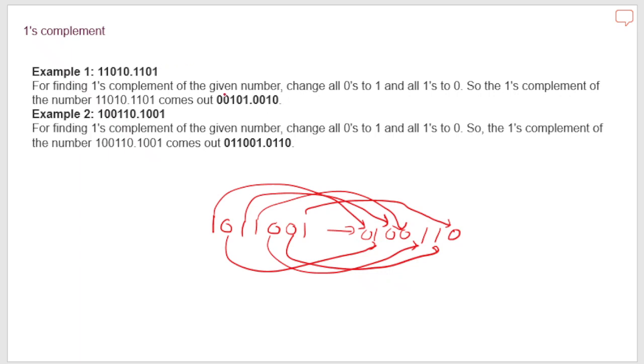So here 0 0 1 0 0 1 0 1 point 0 0 1 0. Okay guys, so this we will get. And here also we will change, 0 1 1 0 0 1 point 0 1 1 0. So like this we will do that.